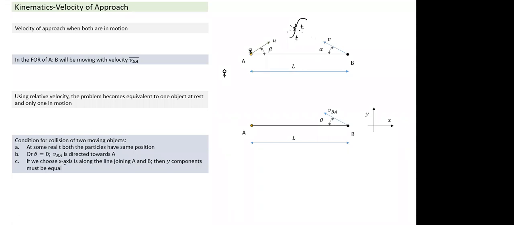If we choose the x-axis along the line joining A and B, then the Y components must be equal. Y component doesn't mean any arbitrary choice. Only if I choose the x-axis along the two particles, then the components perpendicular to that must be equal. If the perpendicular components are equal and velocity is constant, it will undergo collision. So there are three ways I define collision.